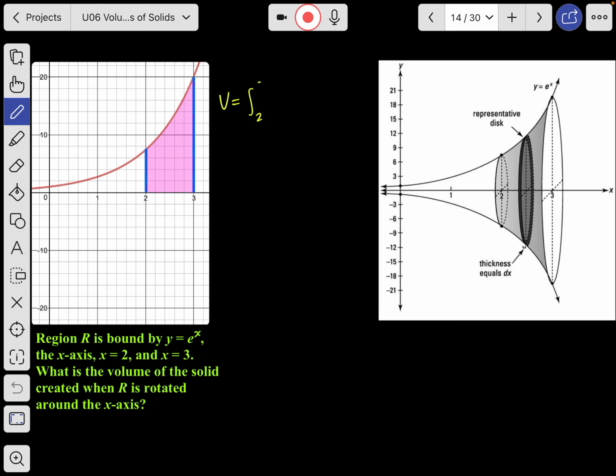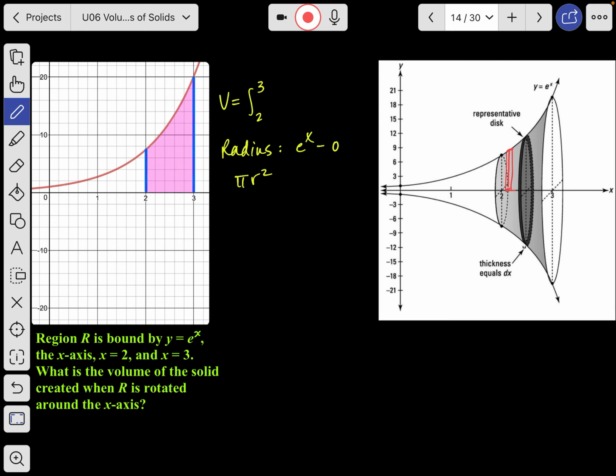So our volume is going to be from 2 to 3 of this disk, and we need to find the radius. The radius is created by the top function, e to the x, minus the bottom function, which is just the x-axis. So my radius is created by the top function minus the bottom function.